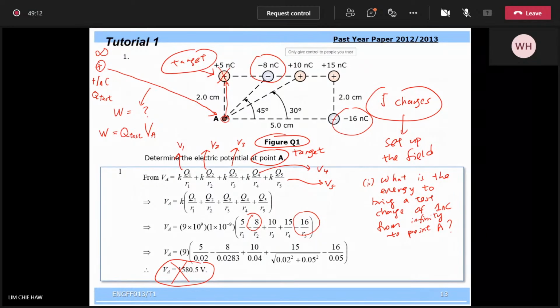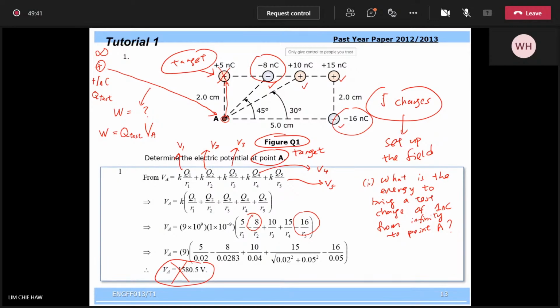If you change the target of the question, it means that the charges that set up the field will be different as well. So now, if the 5 nanocoulomb location is the target, the -8, +10, +15, -16, these 4 charges will be the ones that set up the field.